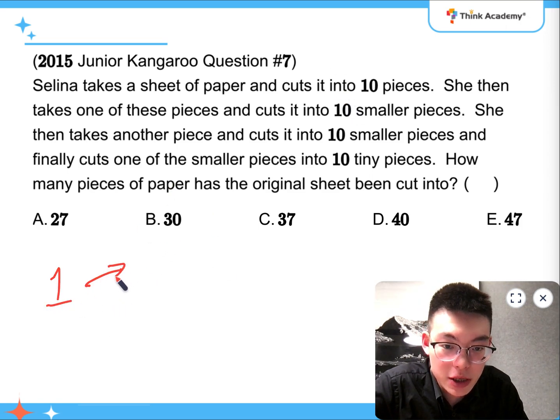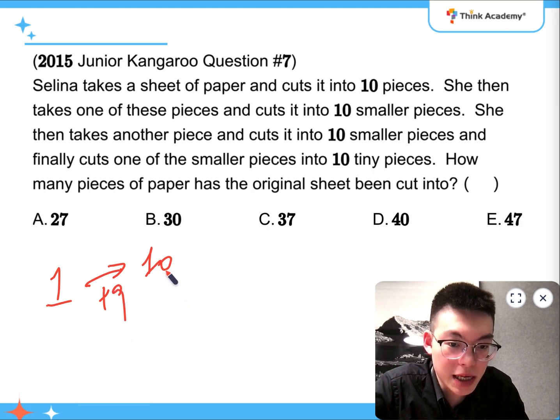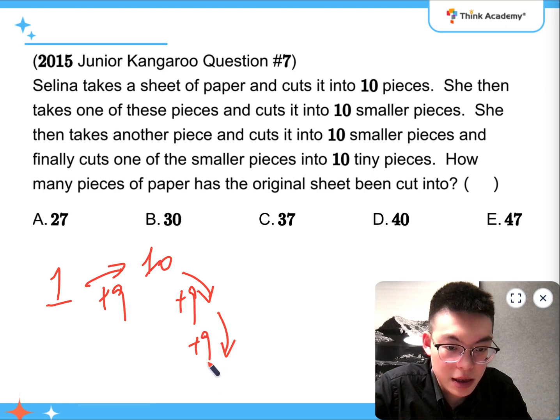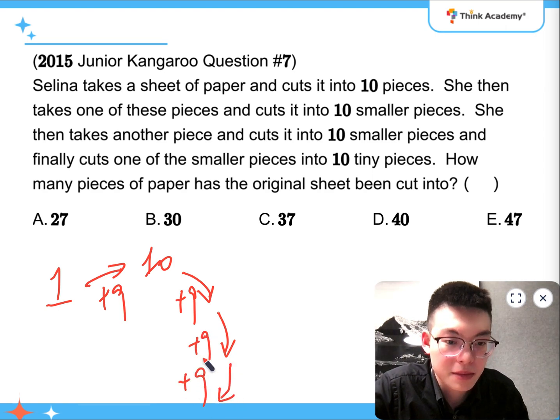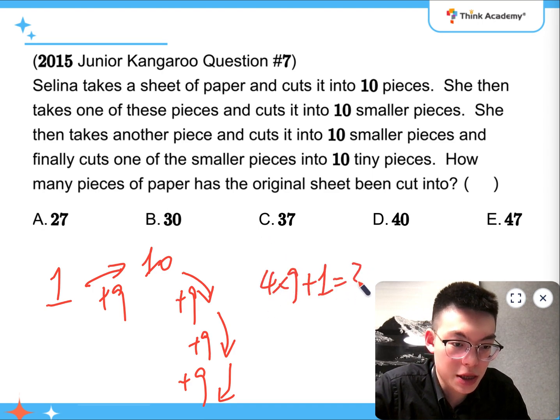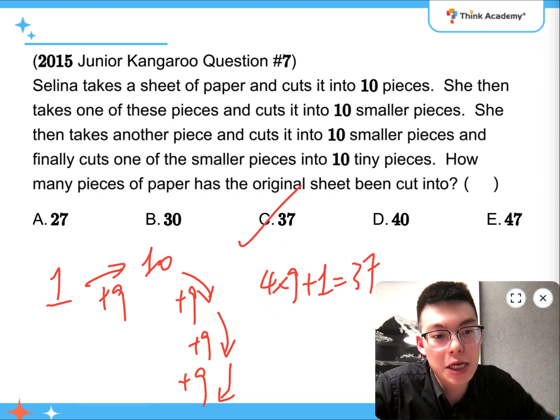And then when it turns into 10 pieces, it's adding 9. And then I'm taking one of the sheets and cutting it into 10 smaller pieces, which means that I'm still adding 9 and adding 9 and adding 9. So I have 4 times 9 adding 1, which is 37. So that's going to be C as the answer.